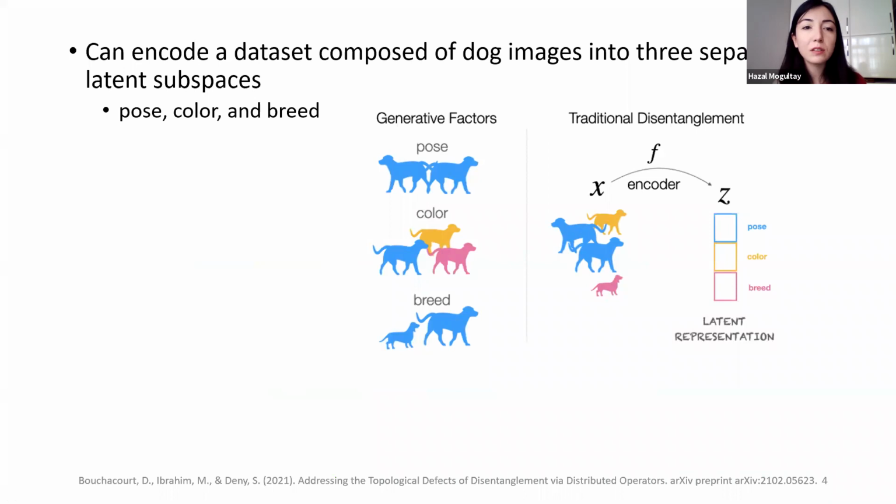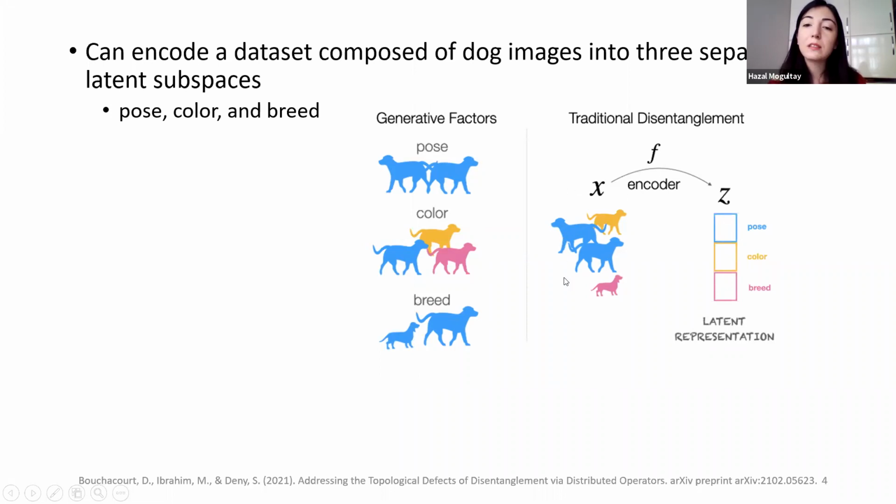So now let's consider an example from another paper addressing the topological defects of disentanglement. By the way, throughout my talk, you can see all the references at the bottom of the page. Let's assume we are given some dog images data set. The generating factors can be listed as pose, color, or breed. Of course, we can list many more attributes, but for now, just focus on these 3.